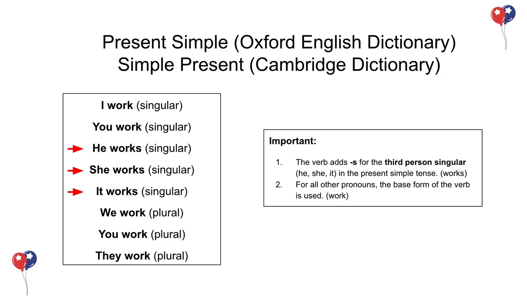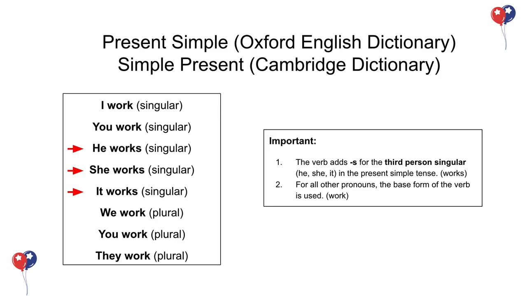And we, you, and they are plural. One of the things that I want to share is that the rules only apply to third person singular. So the third person singular will be he, she, and it.